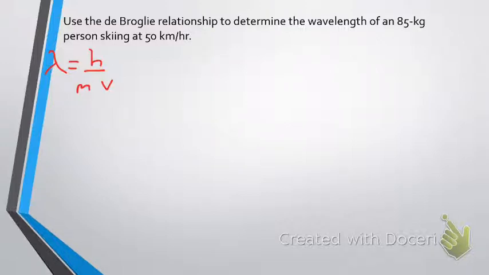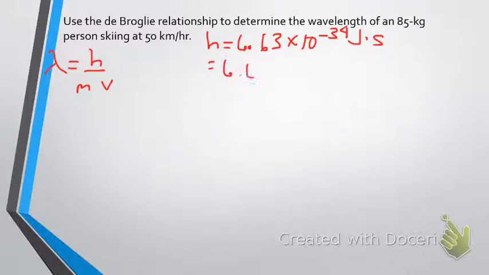We have to remember a couple of things. Remember, h is equal to 6.63 times 10 to the minus 34 joules seconds, which is the same thing as saying 6.63 times 10 to the minus 34 kilograms times meters squared divided by seconds squared, because that's what a joule is, times a second.